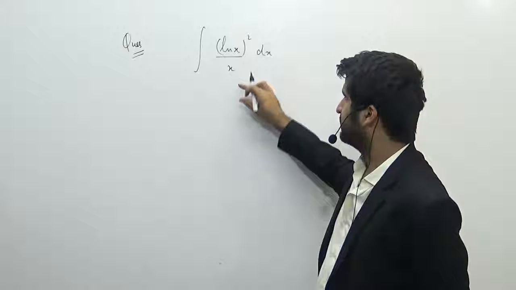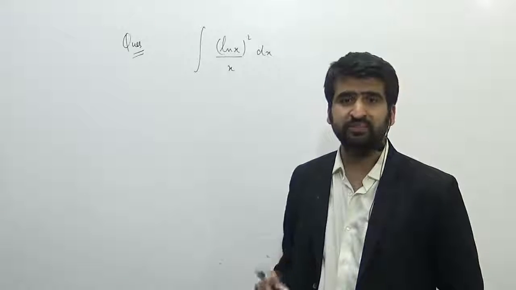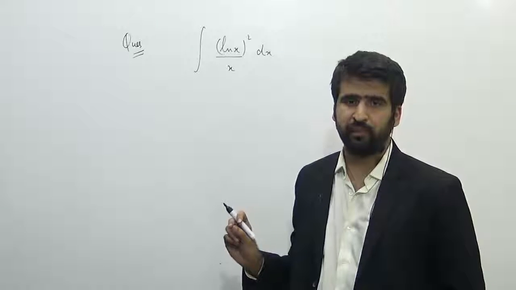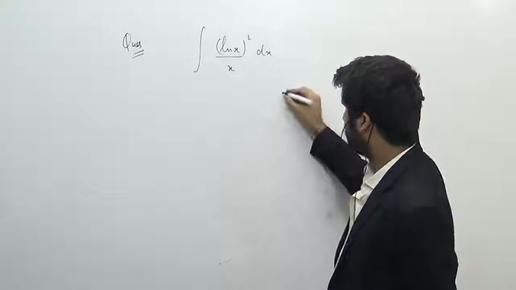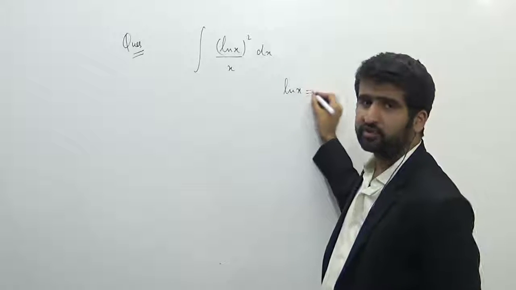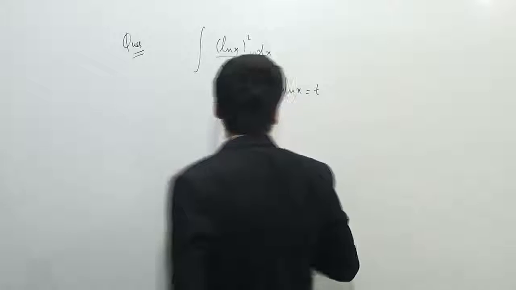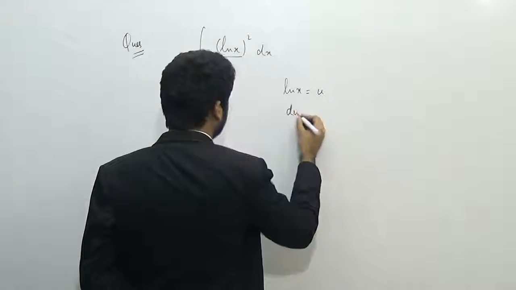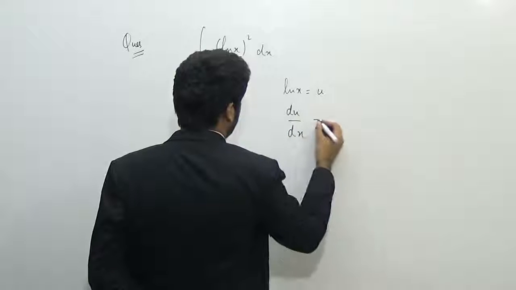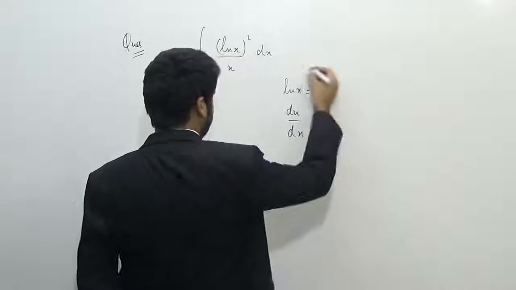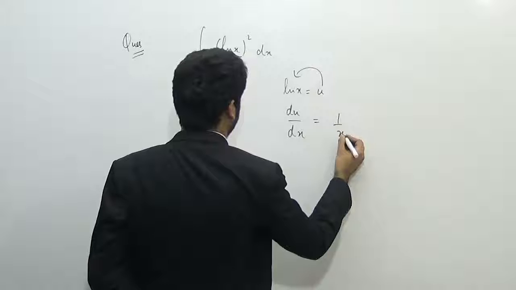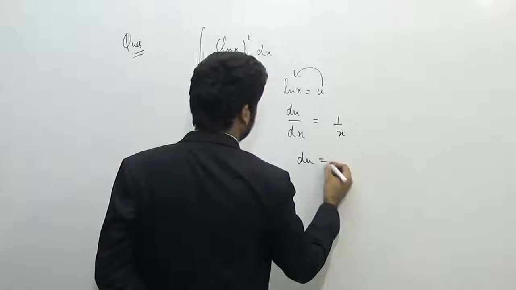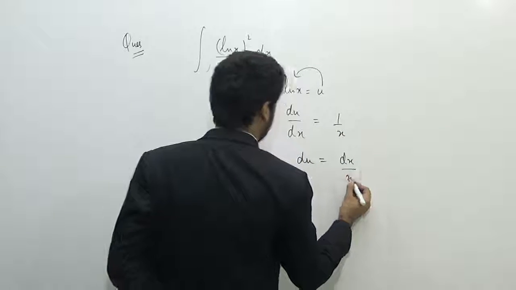But if you see this function by integration by substitution, this is a very simple one. How? See, if ln x is substituted as t or u, then you see that du upon dx will be equal to 1 upon x. So we can say that du is equal to dx upon x.